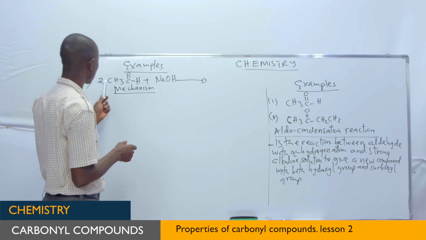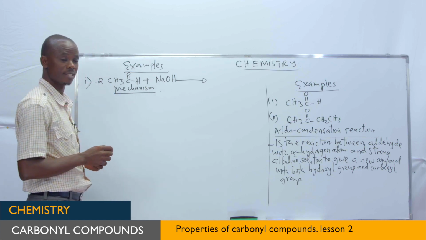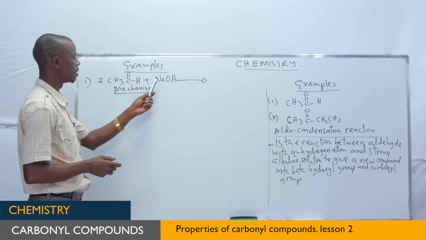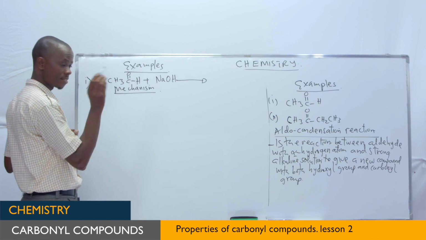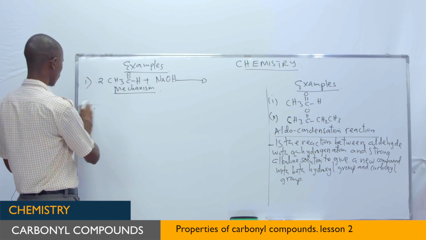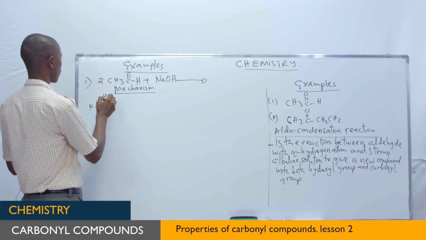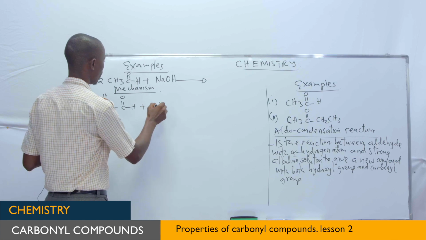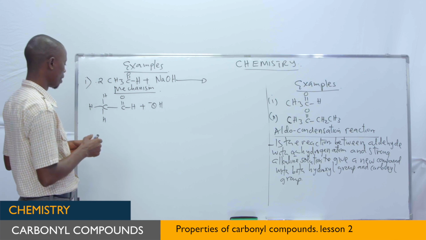Now, because there are two molecules of ethanal, let's take one molecule of ethanal starting by reacting with the sodium hydroxide. Now sodium hydroxide will break to give hydroxide ion. Therefore, the first molecule reacts with the hydroxide group from sodium hydroxide.